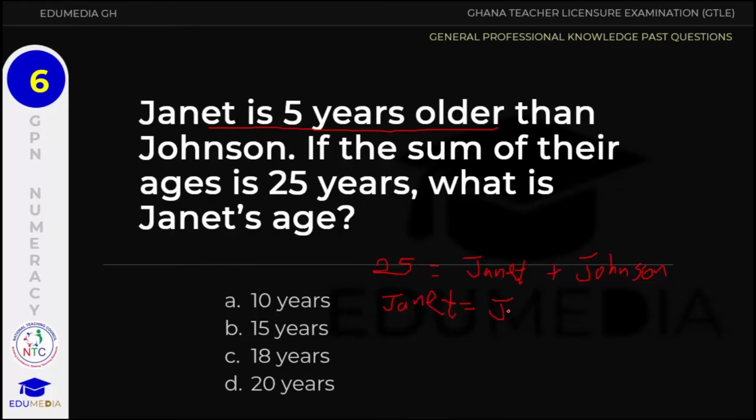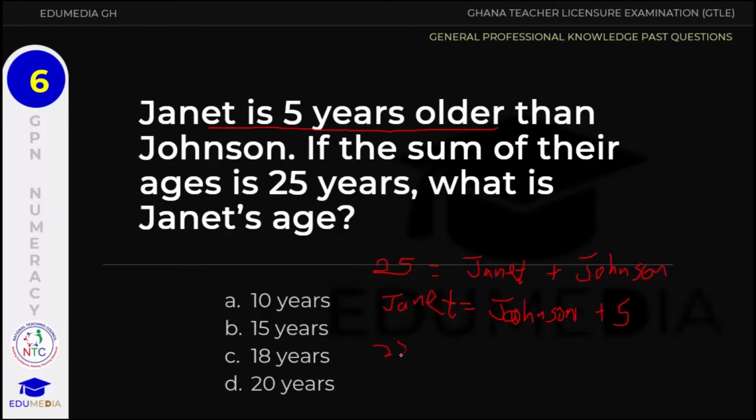So you have Johnson here, plus 5. That is Johnson's age, no matter what it is. If it is 3, plus 5, that's what is going to make Janet. So Janet is 5 years older than Johnson. So it therefore means that we can represent Janet with this whole expression.